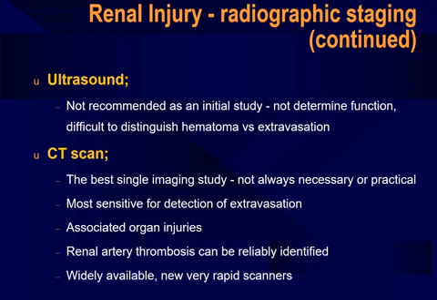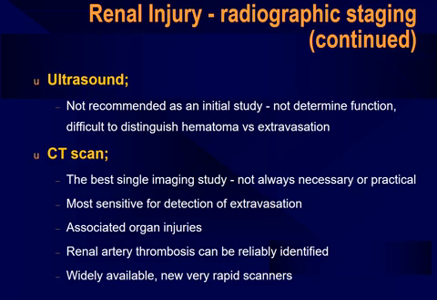Again, ultrasound is not that perfect in detecting renal trauma, while CT is considered to be the best single imaging study in such a situation. It's sensitive in detecting any kind or degree of extravasation.